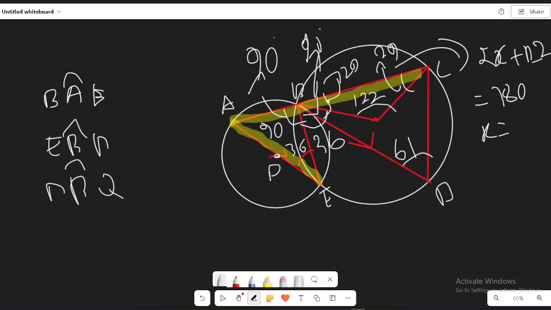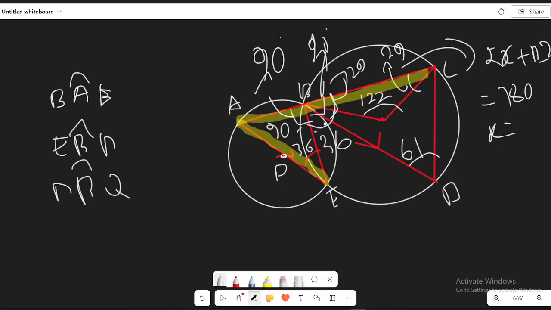So if you subtract this and this, you get the angle inside, right? So what angle do you get inside? Hold on, let me check. You get 90 minus 36 minus, we get 25. This tiny angle here is 25.